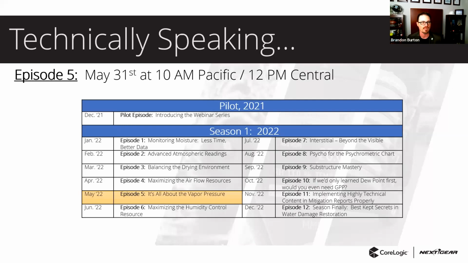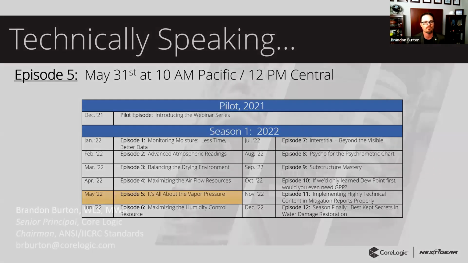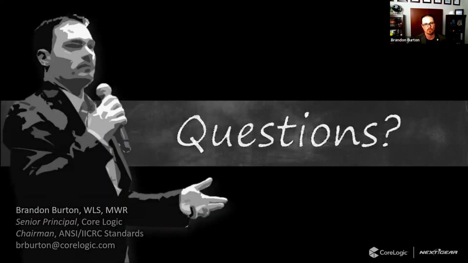That's going to be in May. Episode 6 after that, we get into humidity control. And then in July, as I'd hinted at, we're going to get really deep into interstitial cavities and cavity drying. So just mark your calendar for those upcoming episodes and make sure that you're here, especially if those pique your interest. And with that, we will wrap up the recorded part of the session and we will jump into Q&A.